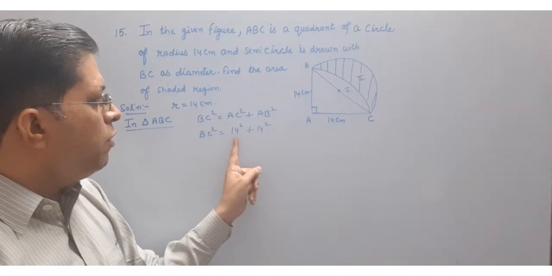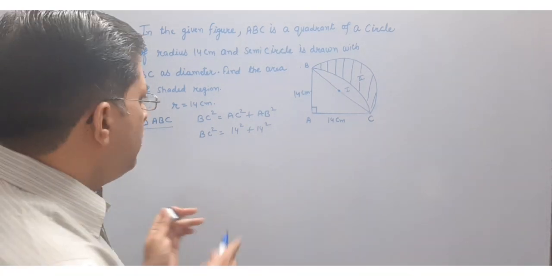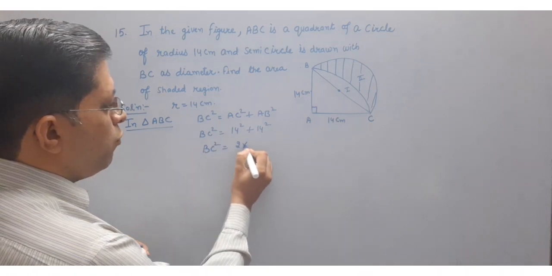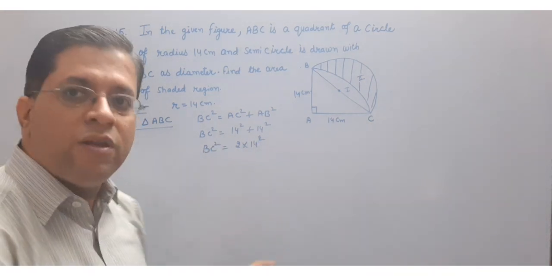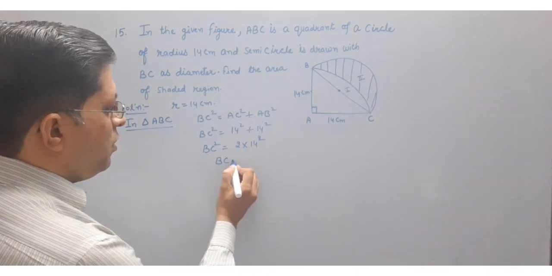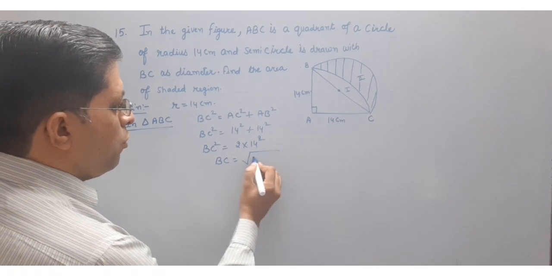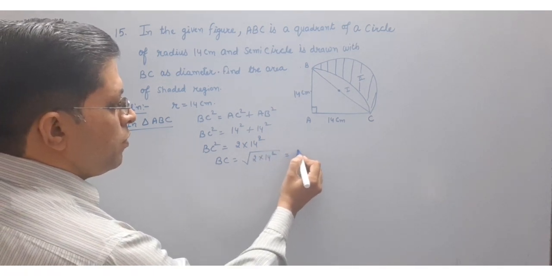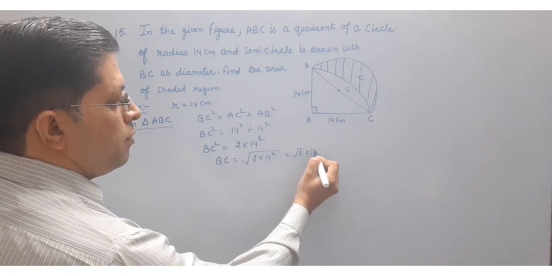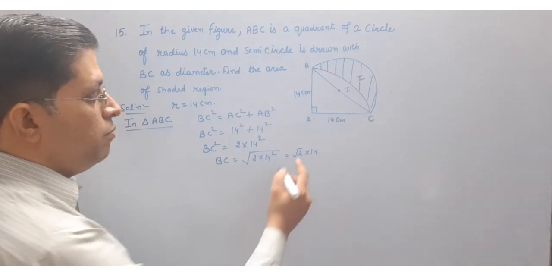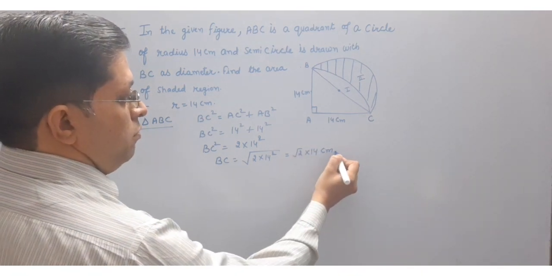So BC square equal to 14 square plus 14 square. Then what will be BC square here? 2 into 14 square, because 2 times it is written. So BC is equal to square root of 2 into 14 square. So root 2 into 14. This is your BC.